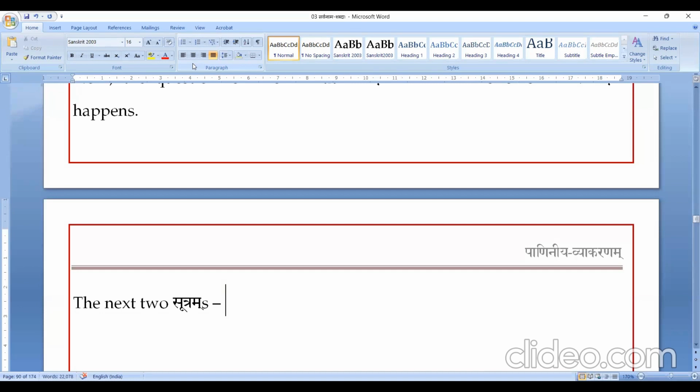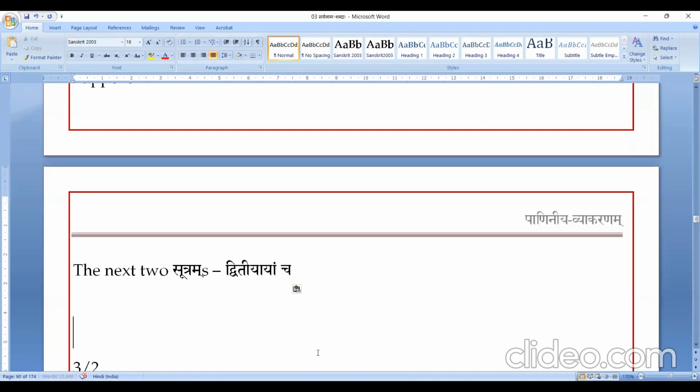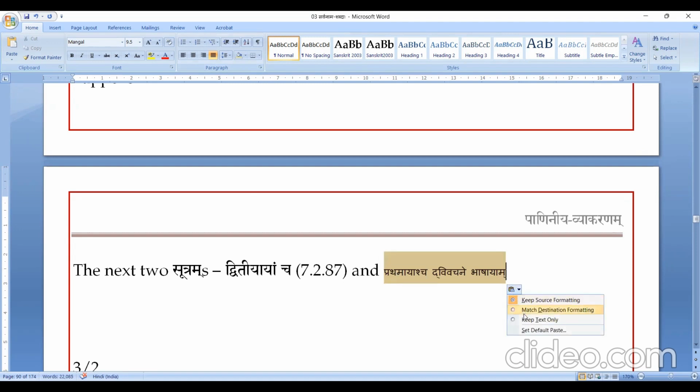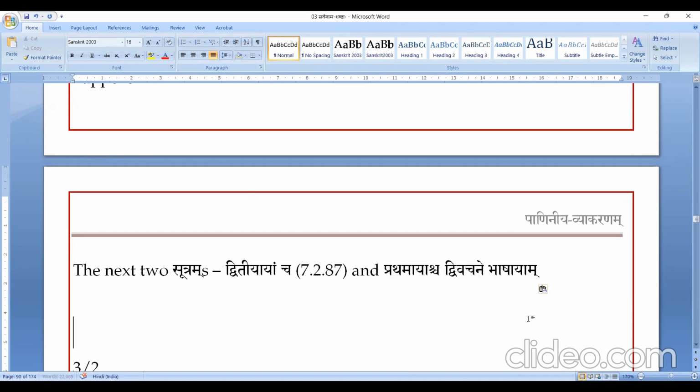Dvitiyayam cha, 7.2.87, and Prathamayaschya Dvivachane Bhashaya, 7.2.88.